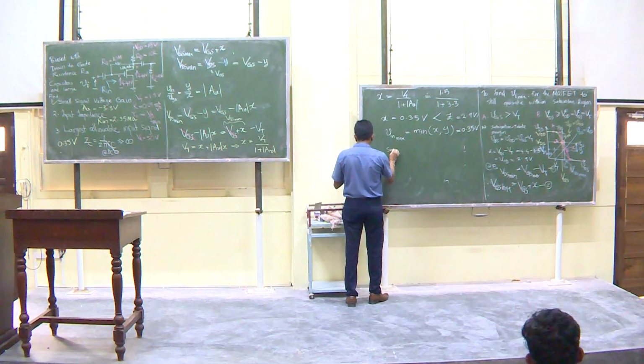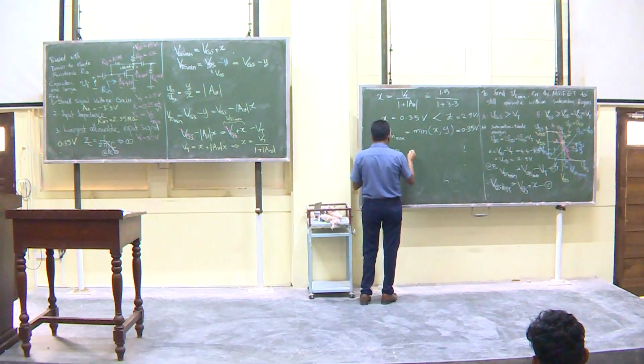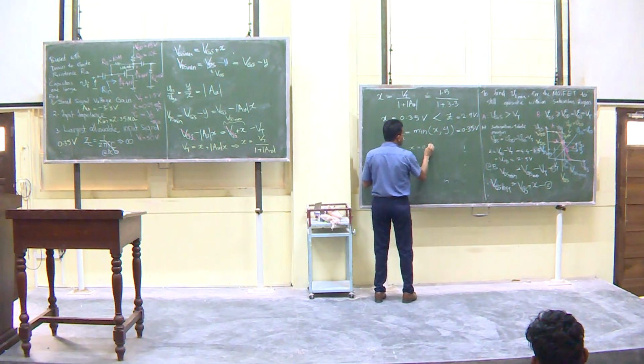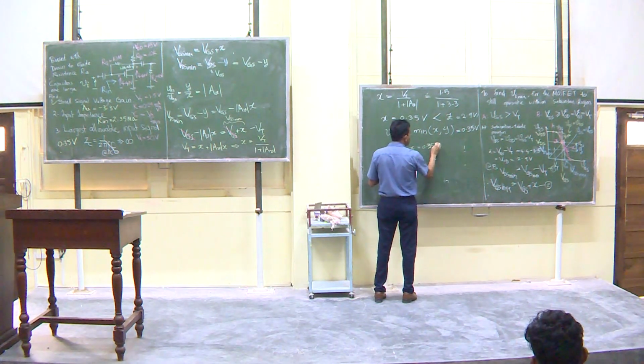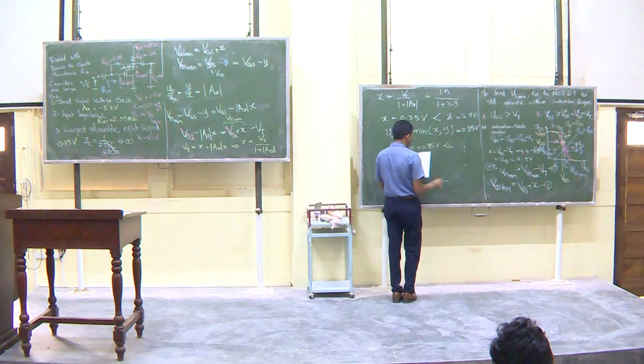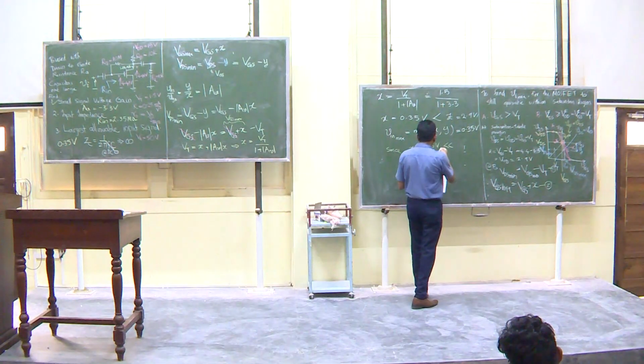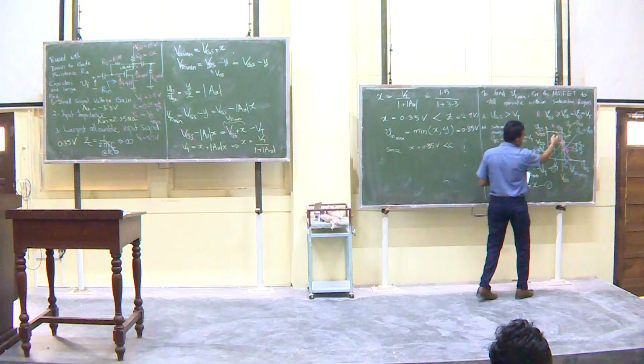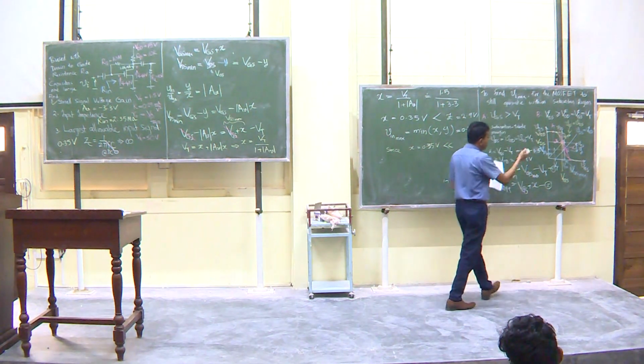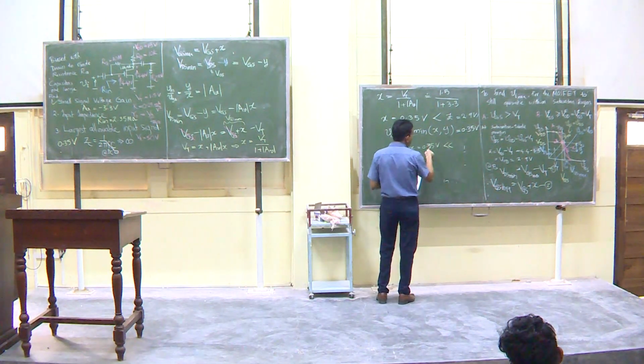Since X is 0.35 volts, which is much smaller than the overdrive voltage, it has to be within this region. So I don't know, maybe smaller than VGS.